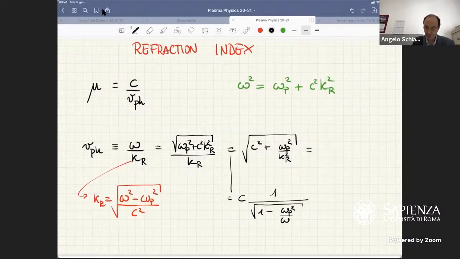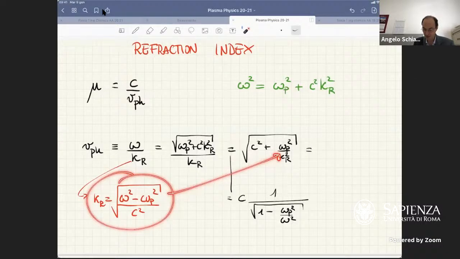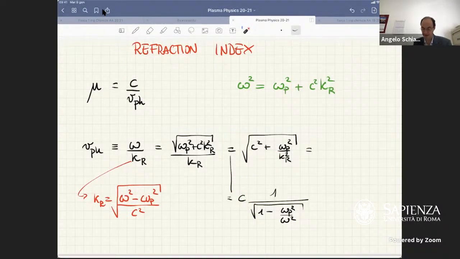So if we plug k_R inside this formula, then we can factor out the c squared, and we can write it in this way. And remember that when we have this ratio, omega p squared over omega squared, it defines the critical density: omega p squared is proportional to Ne, whereas omega squared is proportional to N critical.